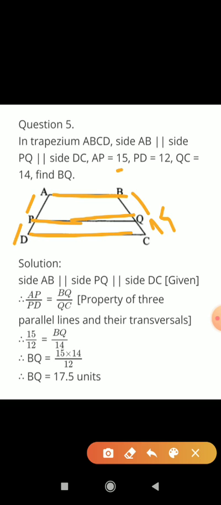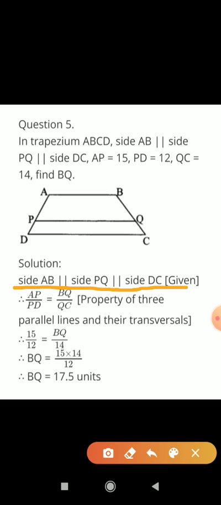See the solution. Side AB parallel to PQ parallel to DC is given, and therefore we can apply the property of three parallel lines and their transversal. According to this, we have the formula AP upon PD is equal to BQ upon QC.